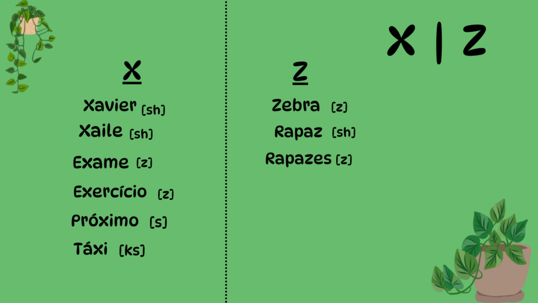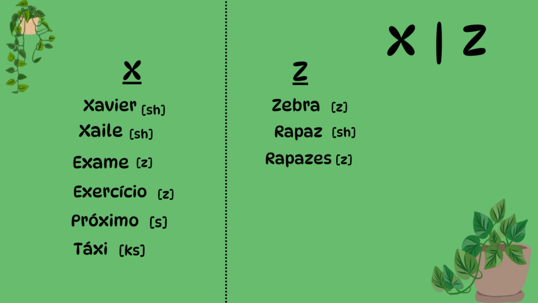And when X is in the middle of a phrase, it's pronounced as S, like próximo. And there are also foreign words where X is pronounced like it's pronounced in English, like taxi.